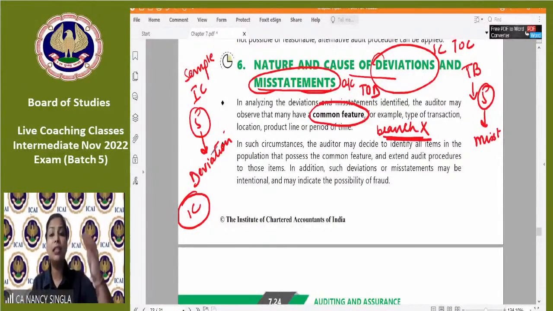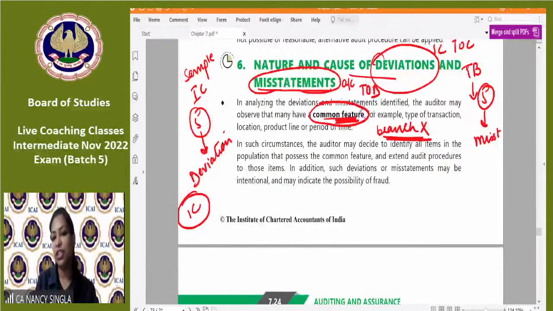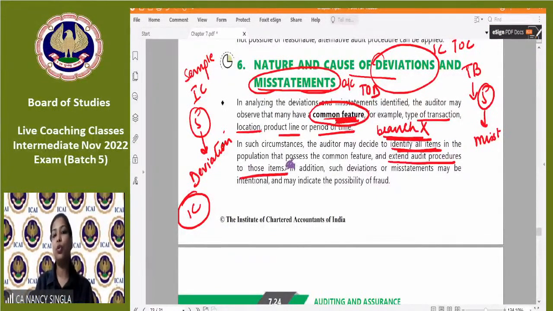It might happen that in the first week one of the authorized signatories is always absent, है ना? So he will try to understand nature and cause, and then he will ask the management to correct that. Right? So auditor will try to take out the common feature, like what is the type of transaction, location, product line, and period of time, and then he will identify all such items and extend the audit procedure to those items. अब उनके ऊपर काम करेगा.